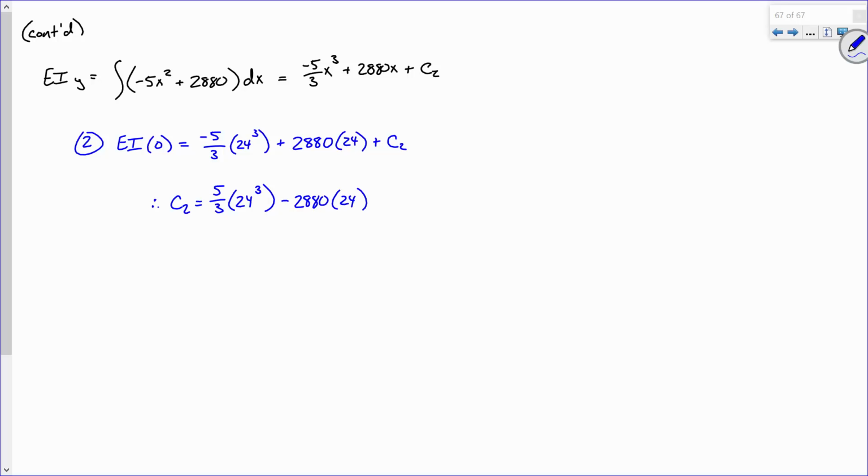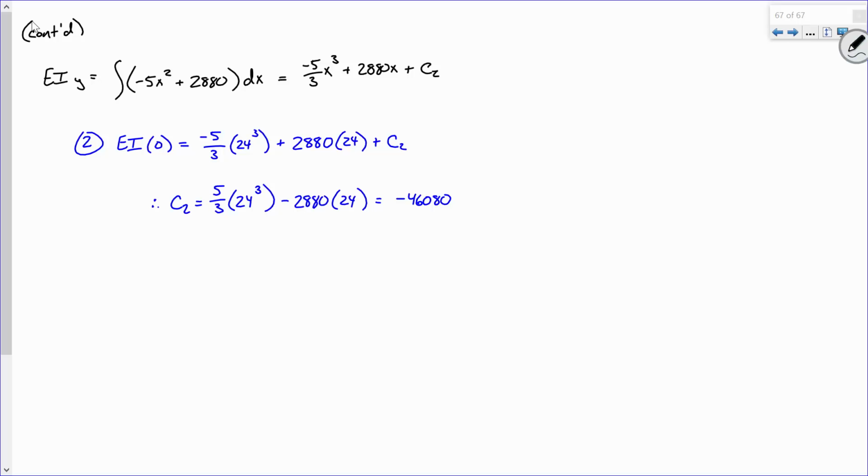I take this, bring it over, so that's plus, take that, bring it over, so it's minus. Did I do that right? Sure everybody's paying attention? All right, so what do we got? C2 equals negative 46080. That's what you got.